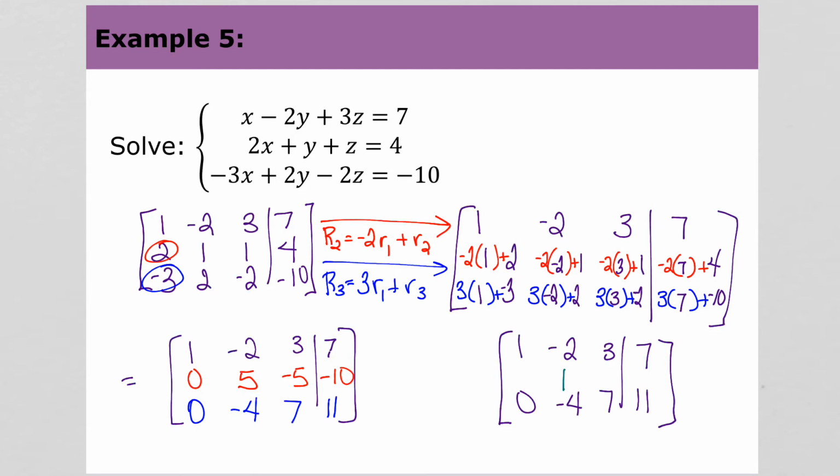How can we do that? Well, we can multiply through by a non-zero number. So how do you make 5 a 1? Divide by 5. So in row 2, we're just going to multiply everything by 1/5, or divide by 5. So 0 divided by 5 is 0. 5 divided by 5 is 1. Negative 5 divided by 5 is negative 1. And negative 10 divided by 5 is negative 2.